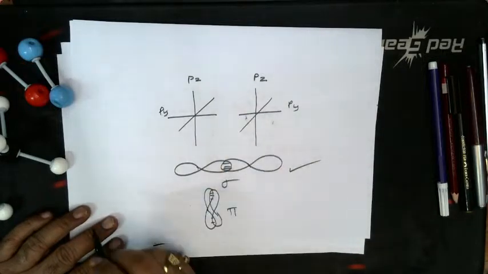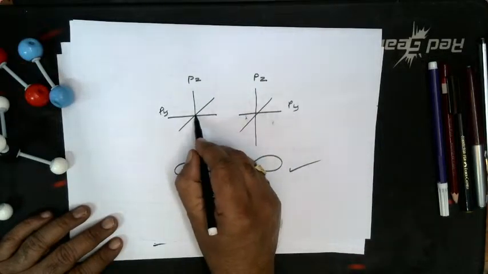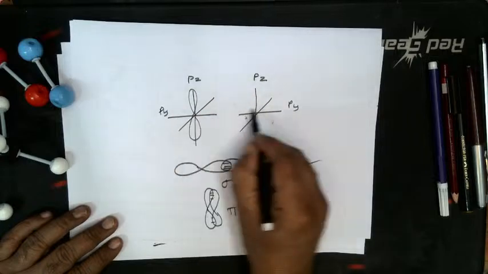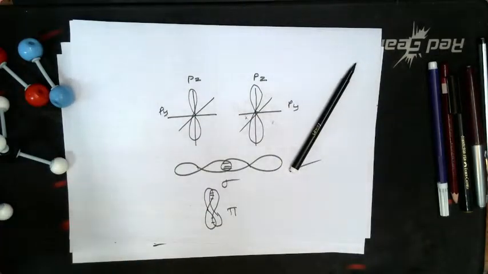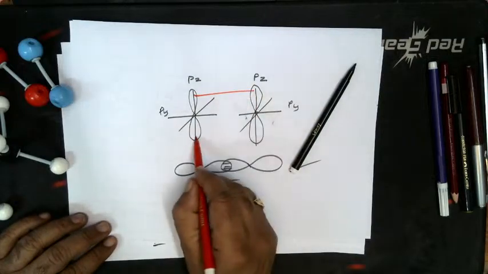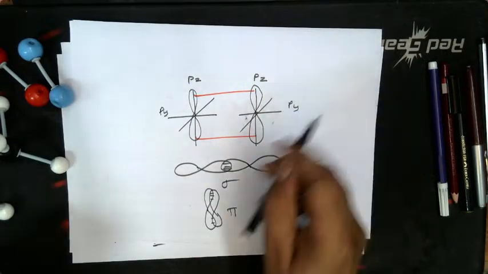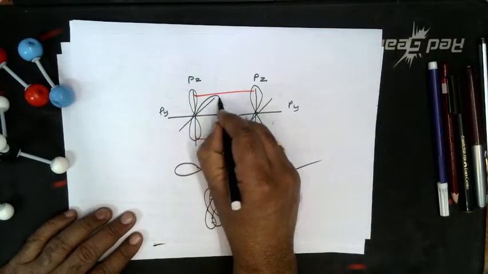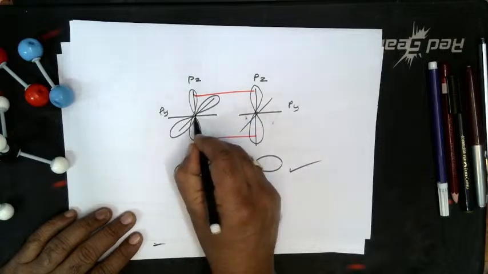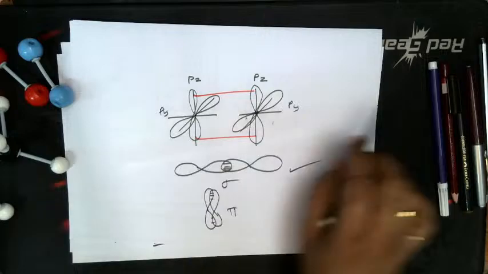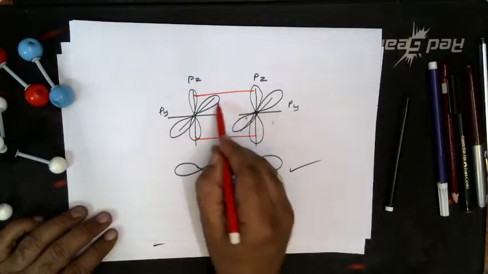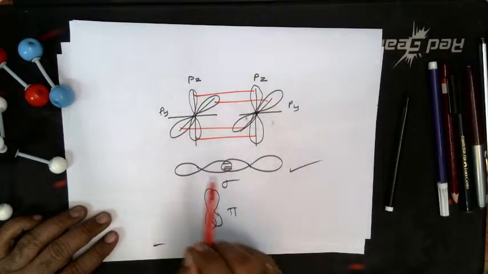So this is drawn schematically like this, in a perspective view. This is one combination, and we can indicate this as one pi bond. The other set is one below the plane of the paper and another above the plane of the paper. Now you can combine these two. I hope it is very clear for you now.